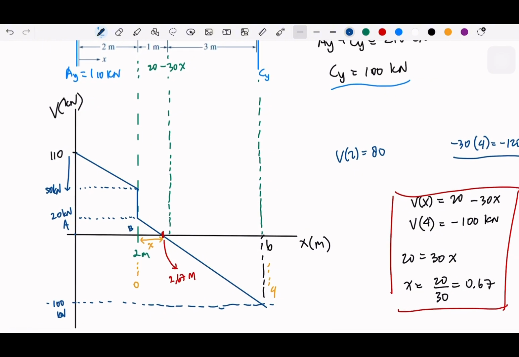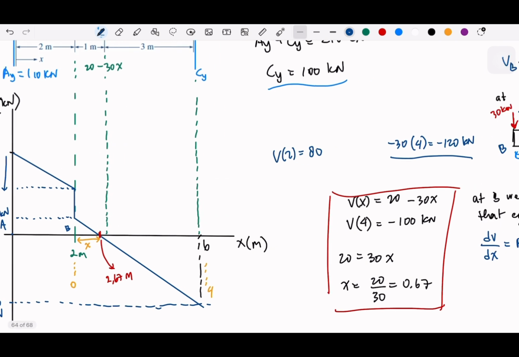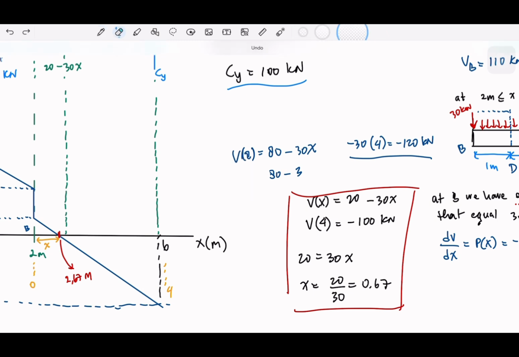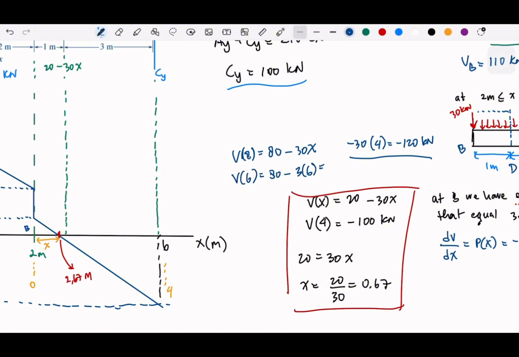Then this will be minus 30x. So this will be the same. This will be negative 100. Okay, the same. This should be 80. I forgot to add the 50.